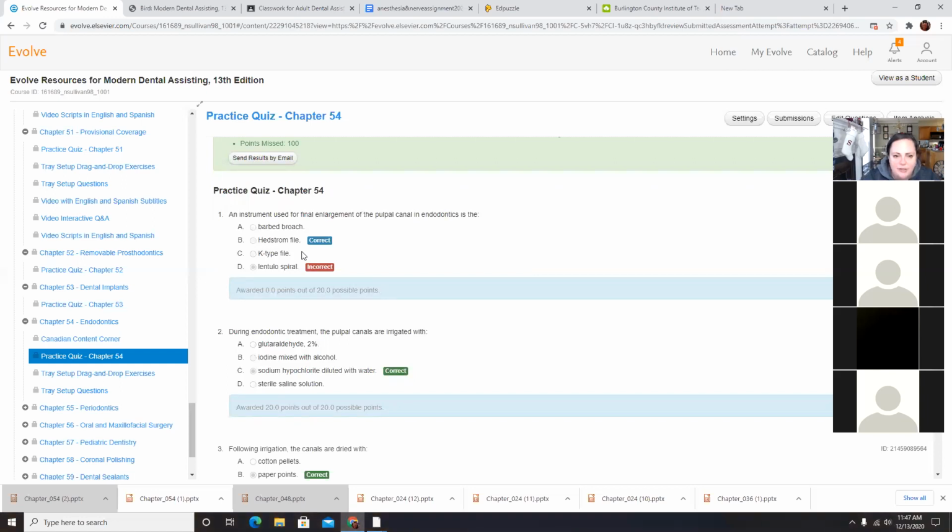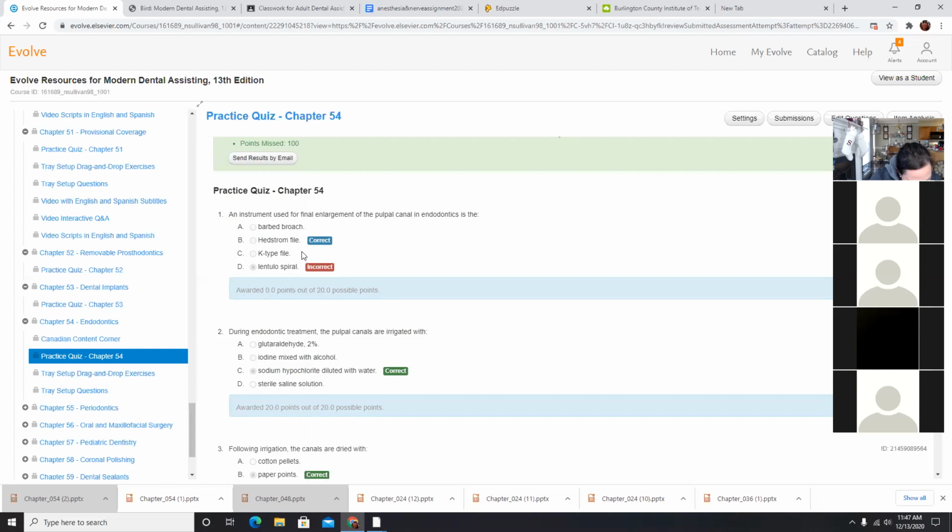So Hedstrom files are the final enlargement of the pulpal canal. Okay. And on the page where figure 54.10 is listed, you'll see Hedstrom files. Your book is going to be different, Zach.